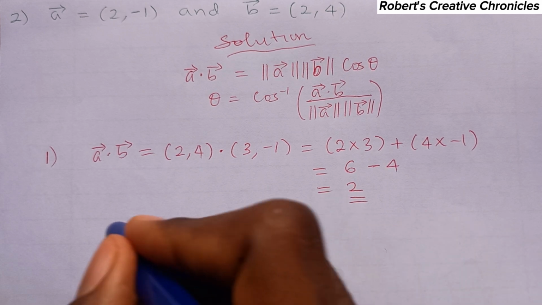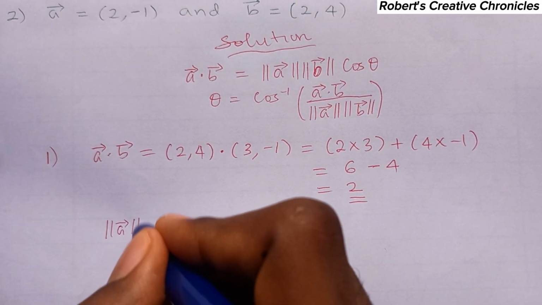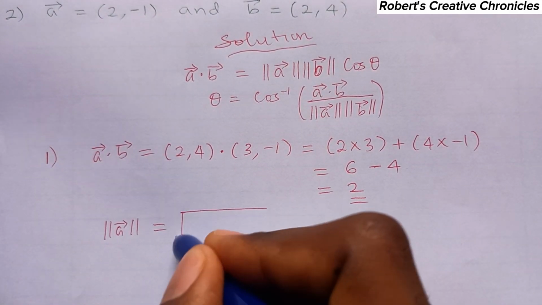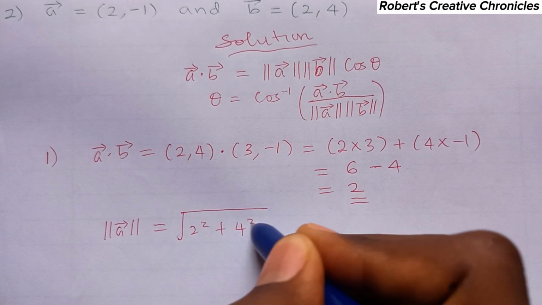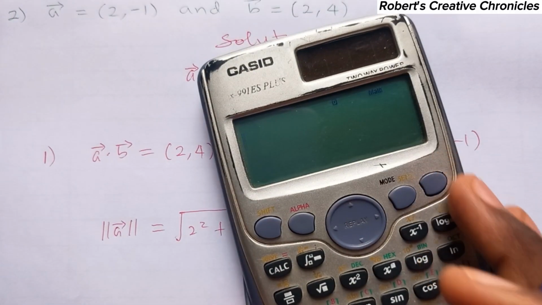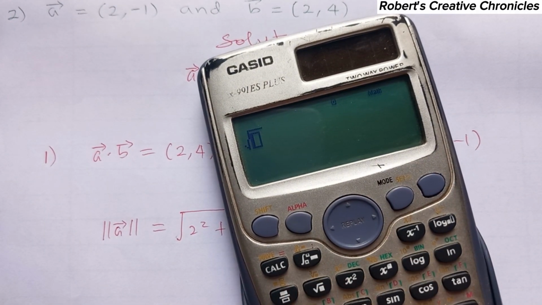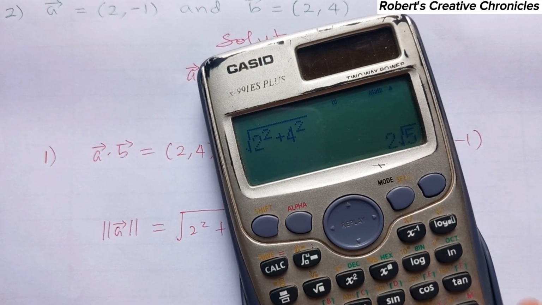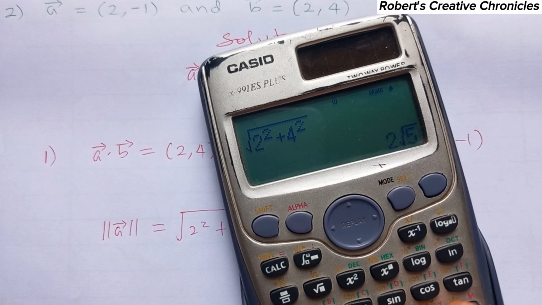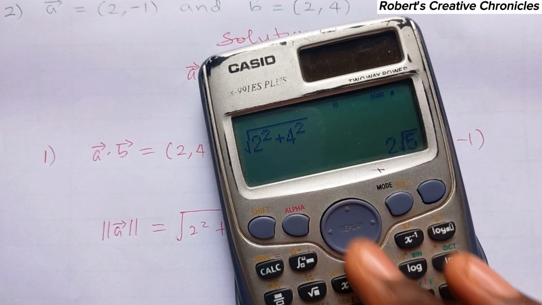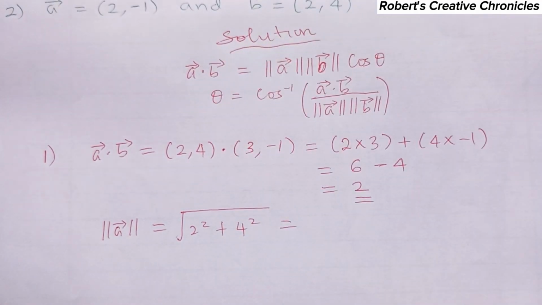Then the magnitude of this vector A is 2 squared plus 4 squared, which is 2 root 5.